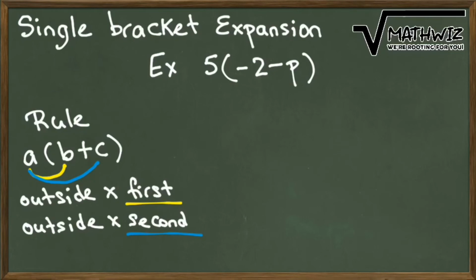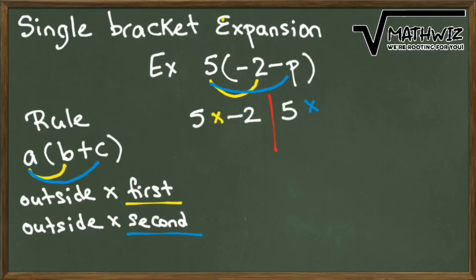So let us say we have 5, open bracket, minus 2 minus p. Still going to take the outside and multiply it by the first on the inside. So we have 5 multiplied by -2. We then draw our line. We then have the outside multiplied by the second on the inside.